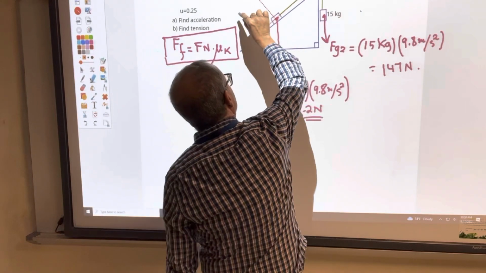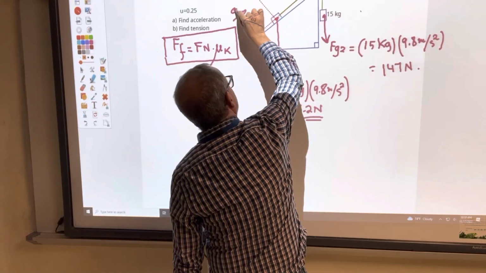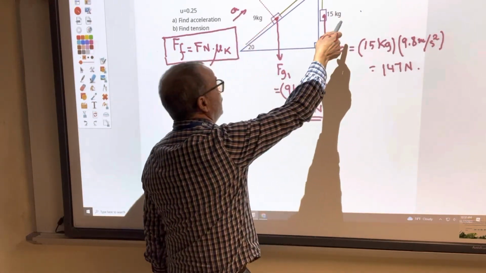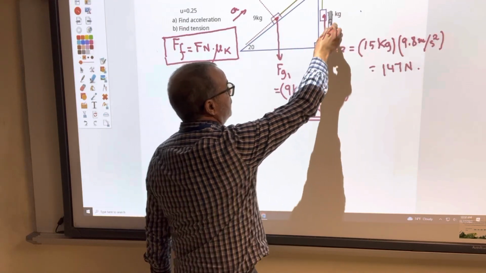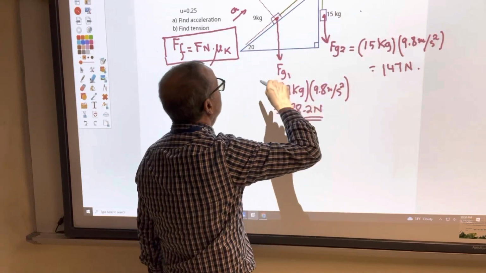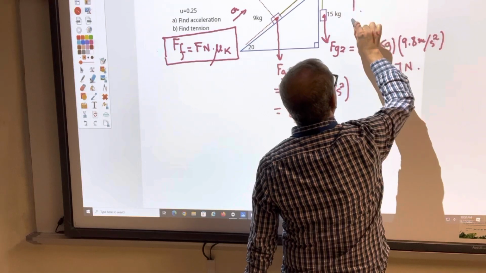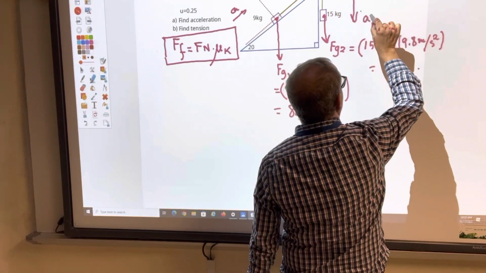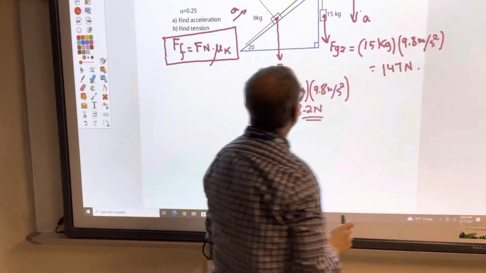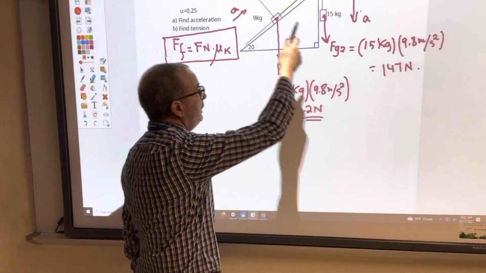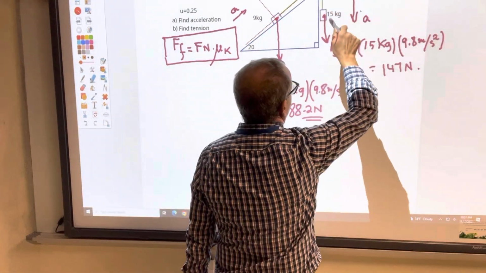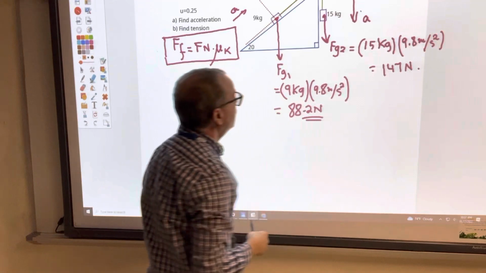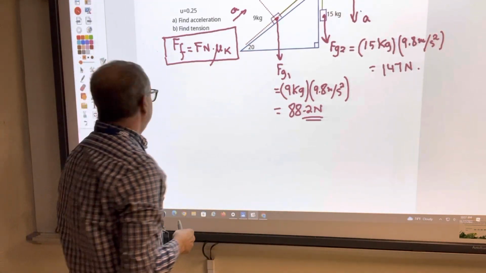The acceleration is going up the incline, because the 15 kilograms is bigger than 9 kilograms, so this one is going to come down. And the acceleration is also coming down that way. Acceleration is going up the incline, then through the pulley, and then coming down.